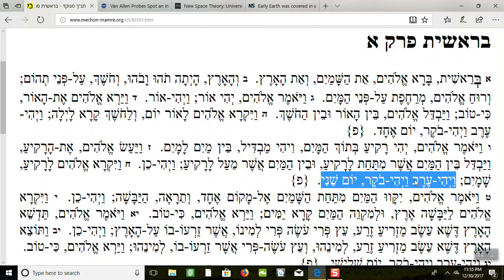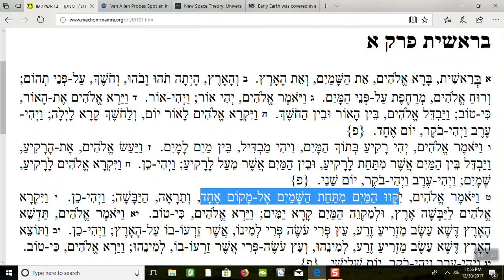All right. So next we have verse 9, Vayomer Elohim, which is the divine power said, or God said, Yikavu hamayim mitachat hashamayim el makom echad. Let me highlight that and then expound upon it. Collect or gather the waters under the heavens into one place.